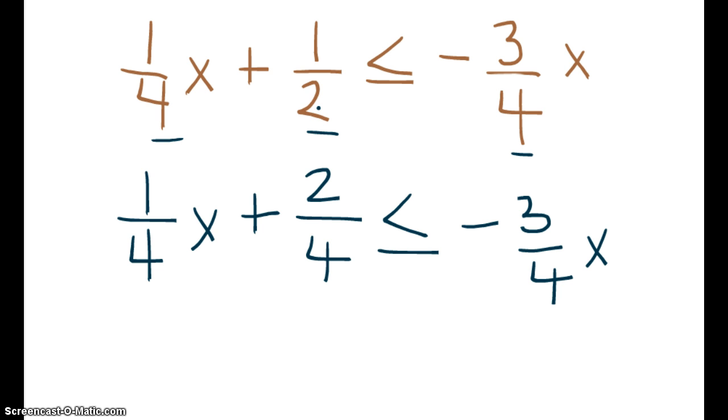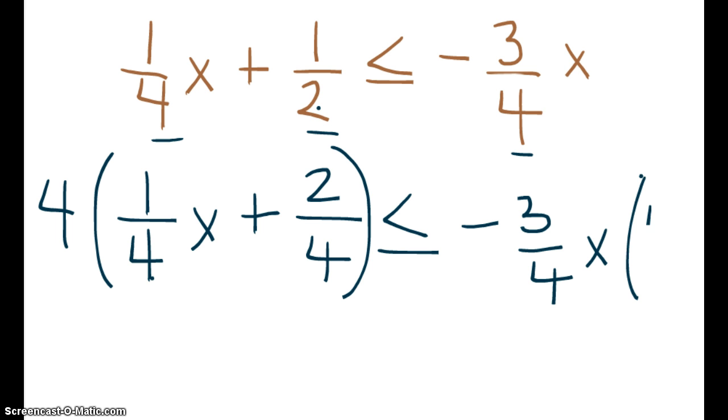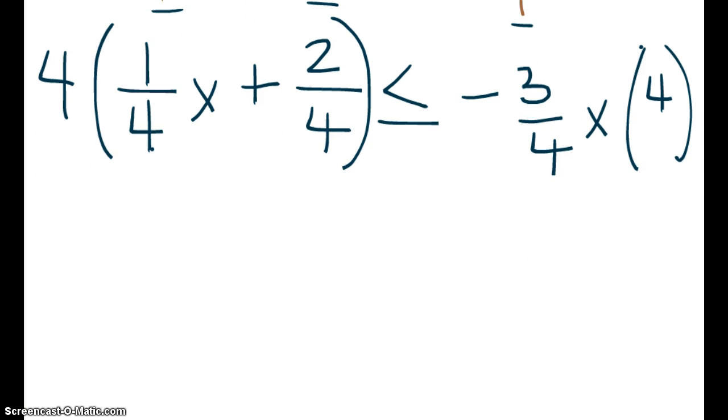Now, to get rid of my fraction, I'm going to have to multiply everything by 4, and over here I'm going to have to multiply by 4 as well. So now all I have left is just 1x, so I'm just going to write x plus 2 is less than or equal to, now those divided out, keep that x there, so I have negative 3x.